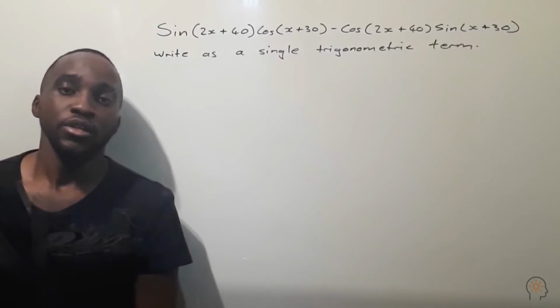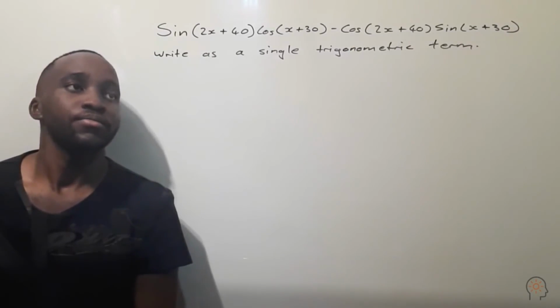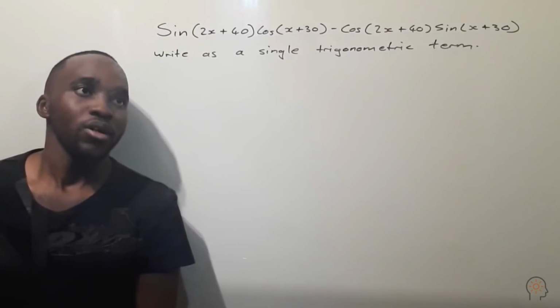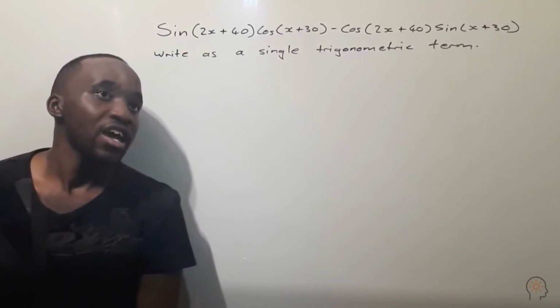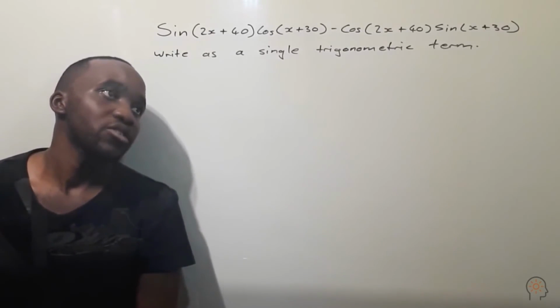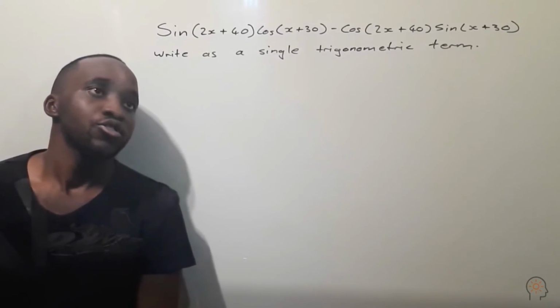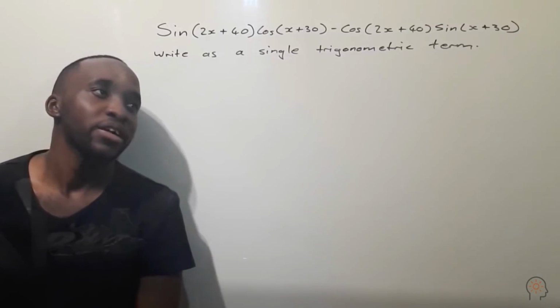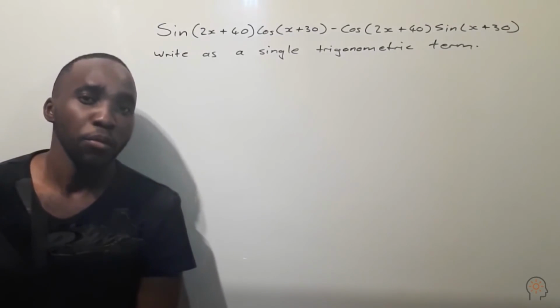So for our first example on compound angles, this is what we have, right? They want us to write this as a single trigonometric term. So what we can already see is there's definitely something going on here. There's some form of pattern, right?